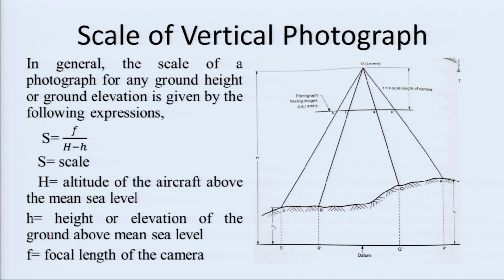Generally, the scale of a photograph for any ground height or elevation is given by the following equation: S is equal to F upon capital H minus small h.